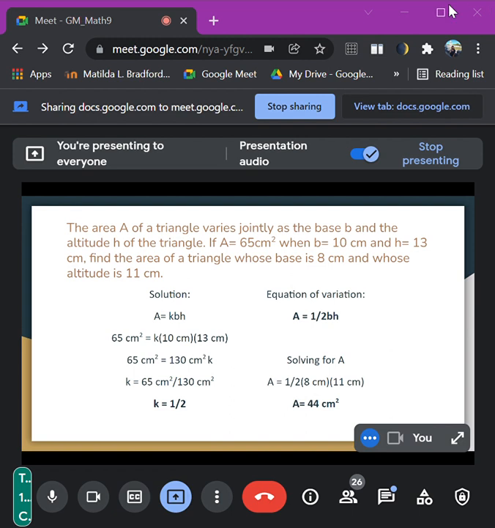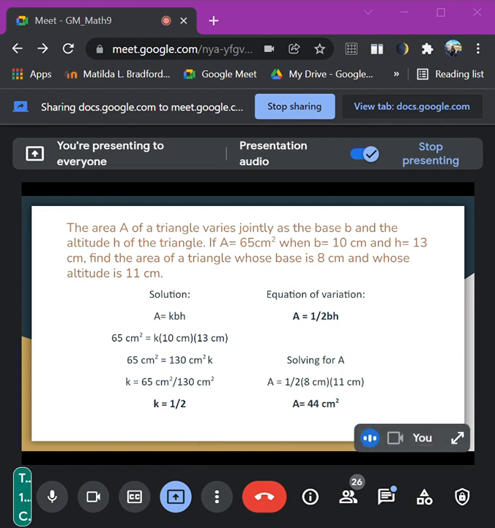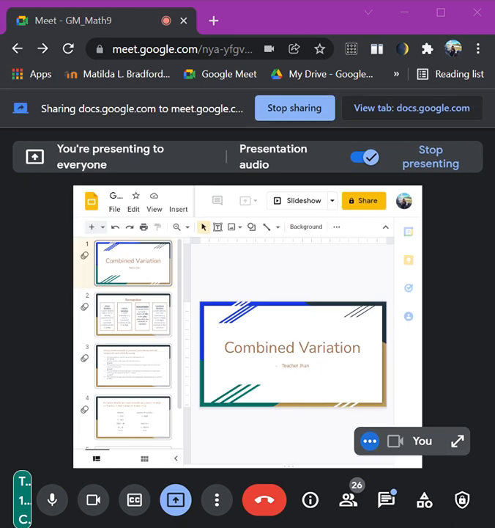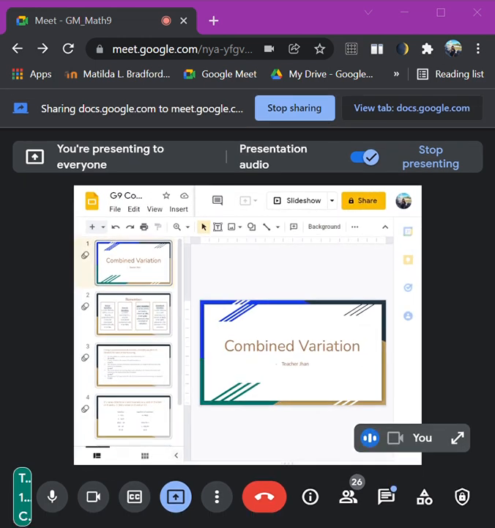Okay. Now, I think that's it for today. You have the inverse and the joint variation. And then I will be posting the combined variation on the LMS.